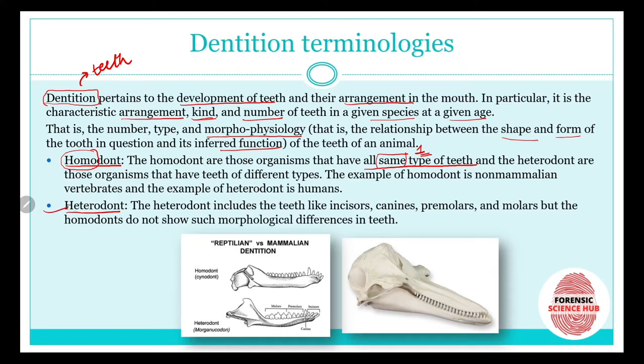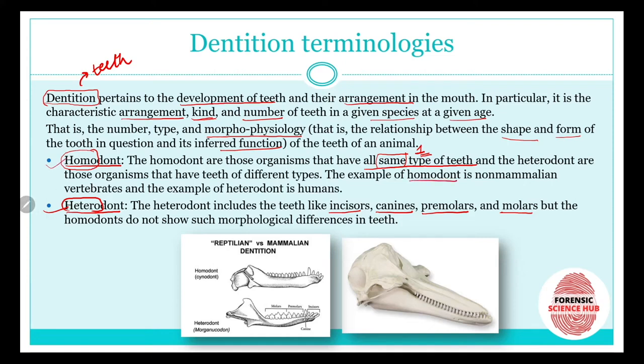So here we have heterodont. Hetero means many. So heterodonts have many types of teeth, for example incisors, canines, premolars, and molars. But homodonts do not show any such morphological differences in teeth. Homodonts have a single type of teeth. Heterodonts have many different types of teeth.